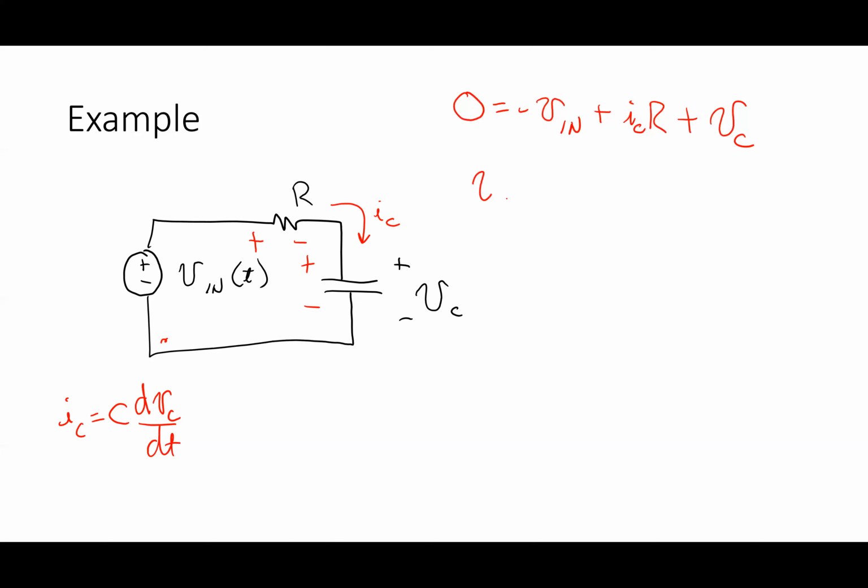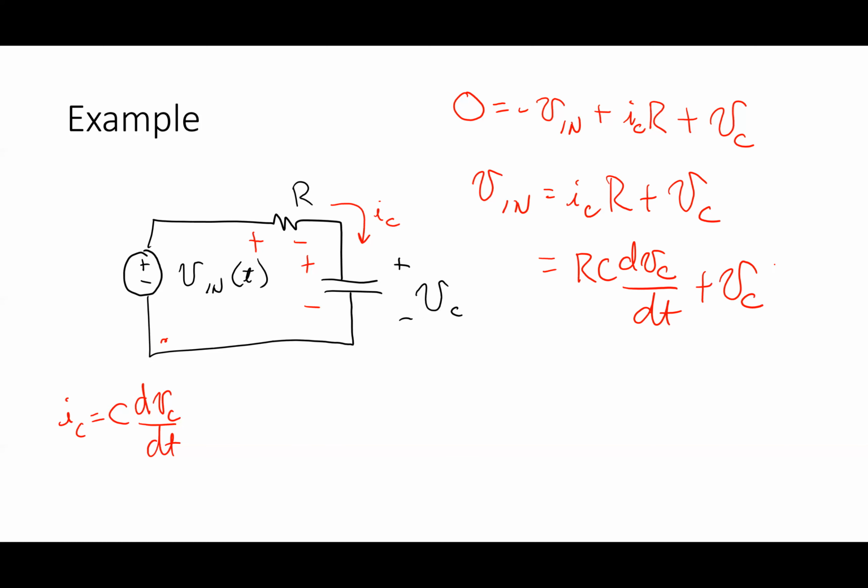So I get Vin equals I_C times R plus V sub C. And that's not a differential equation, is it? How do I make that a differential equation? What's missing? The derivative, right? So how do I get the derivative in there? Yep. So RC dVc/dt plus Vc.